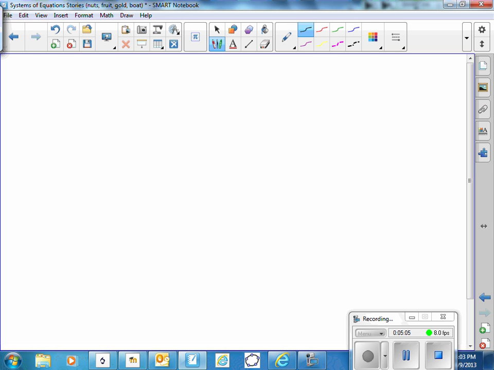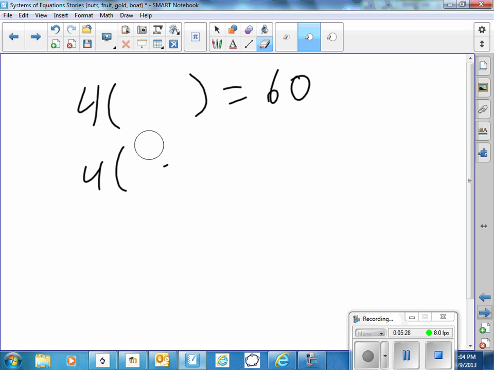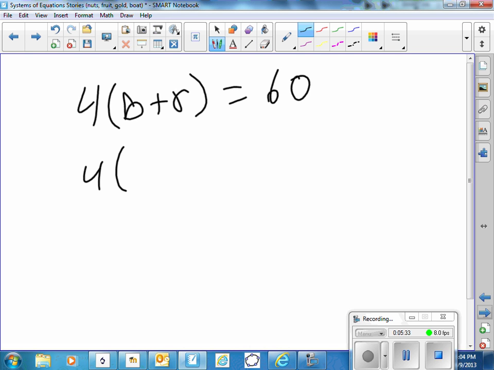So we would say that the time times the rate, and that would be the rate of the river plus the boat, and we'd say 4 times the boat minus the river. Maybe I better write those in the other order, just to make it easier. The speed of the boat plus the river, and the speed of the boat minus the river.